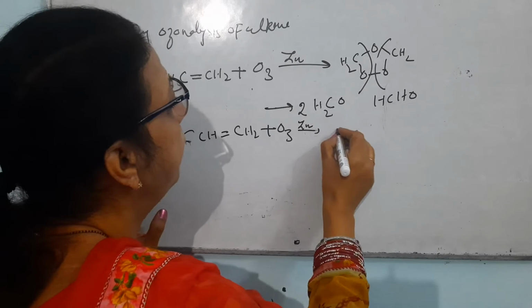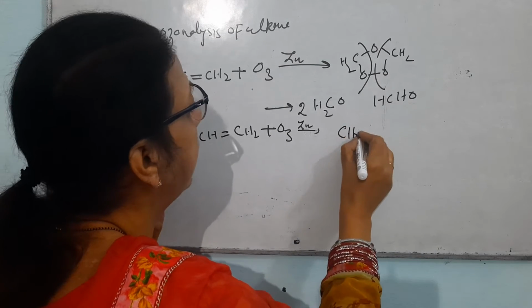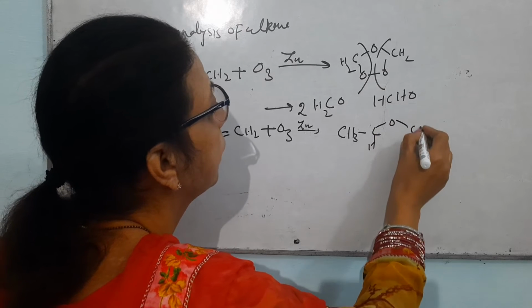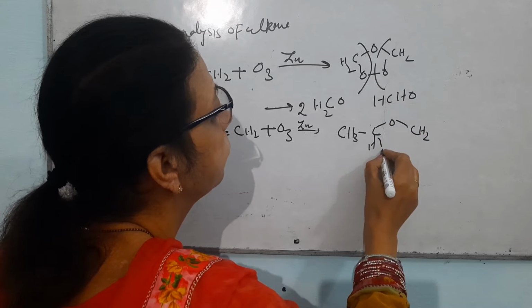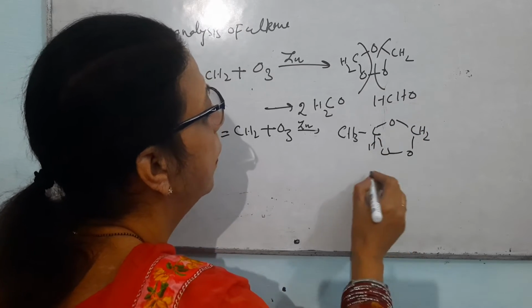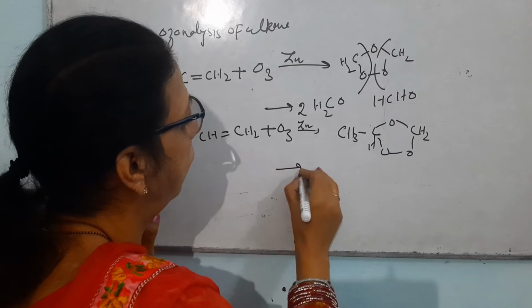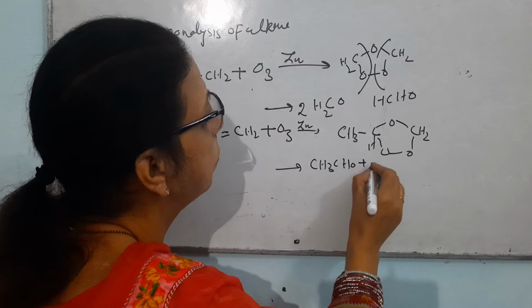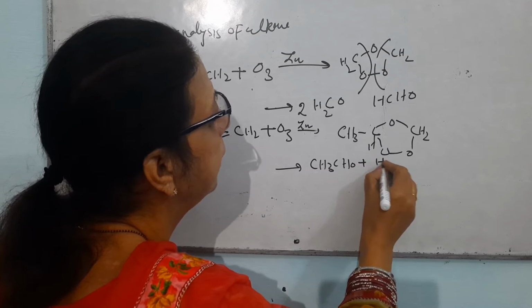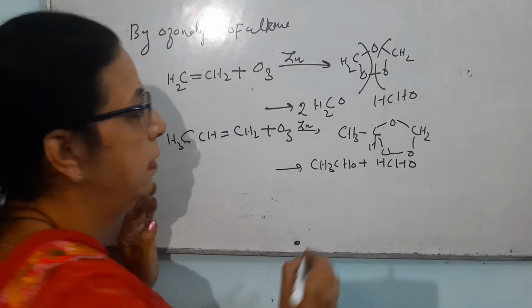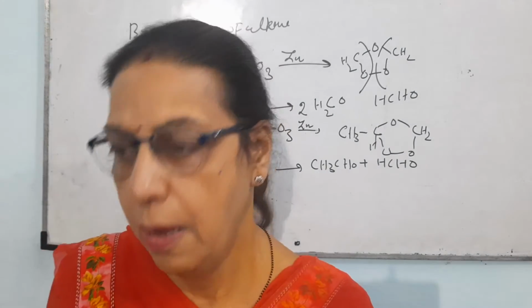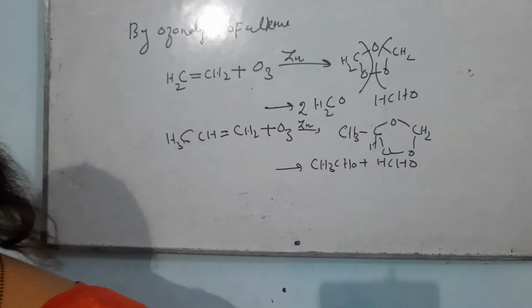So there will be formation of ozonide again, CHO, CH2, O. So there will be formation of one molecule of ethanal and one molecule of methanal in this case. So in this manner the aldehydes can be prepared by the ozonolysis reaction.